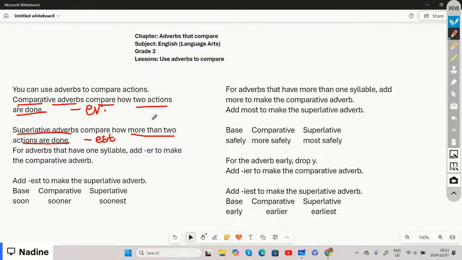And if we look at an example, these are examples of both comparative adverbs as well as superlative adverbs.